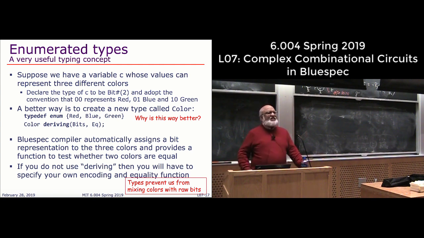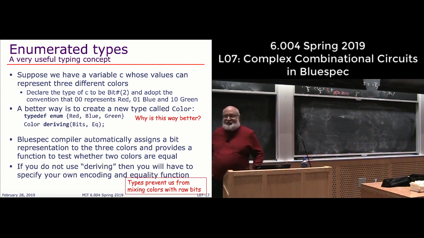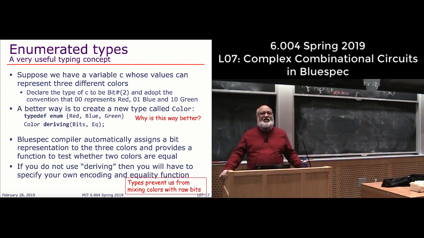All right, so why is this better? Anyone? Why is, yes? It's an abstraction, right? It's going to let you avoid certain kinds of errors. So for example, suppose I had something else also.